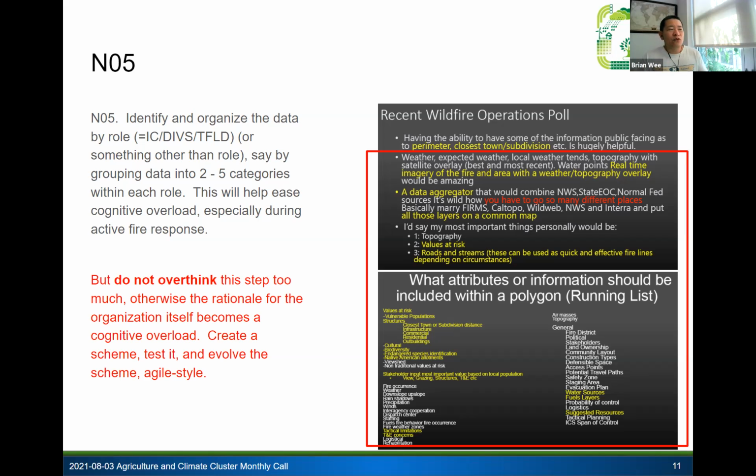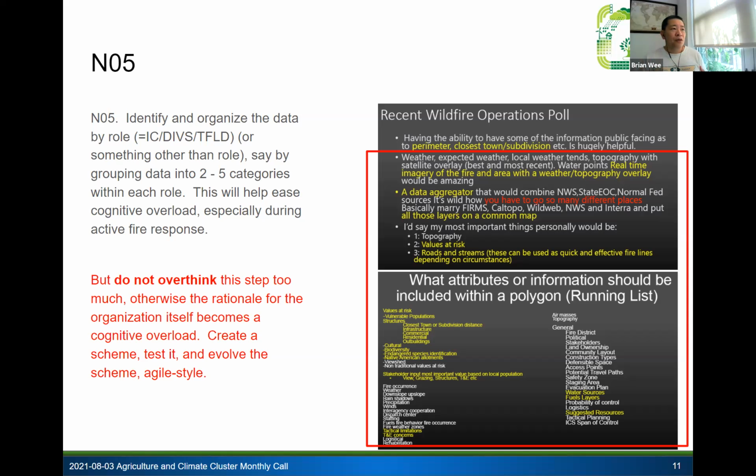But that same 2 to 5 categories, which make sense to a task force lead in the field, may be different from the incident commander in an office-like setting with multiple screens and laptops. And of course, the incident commander has a different responsibility than the task force lead and would require different kinds of data, right?